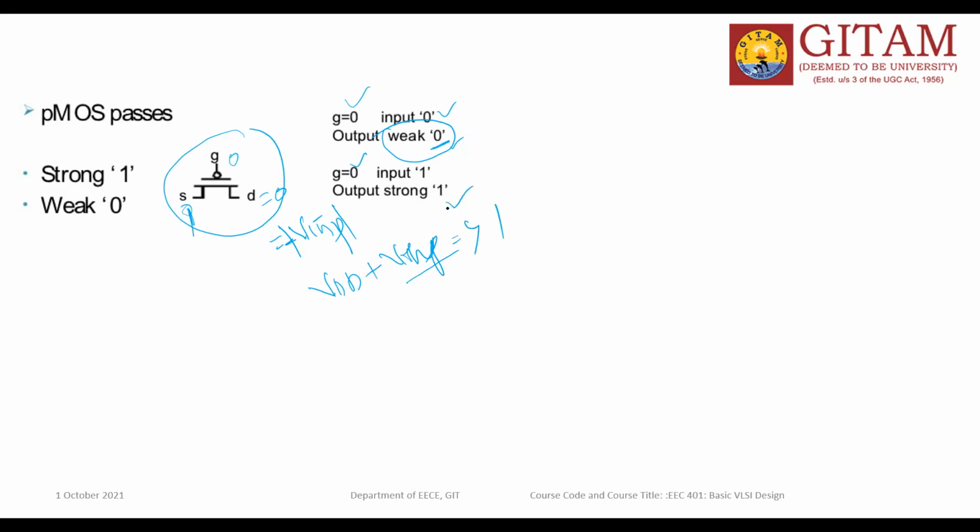Weak 0, strong 1. If you take the output node potential, VD is equal to the maximum of Vs plus VTH minus Vs. In this case, that is the max of VGS plus VTH, VDD plus VTHP, comma.